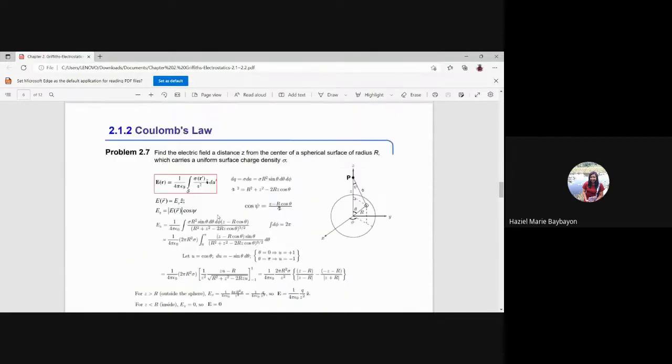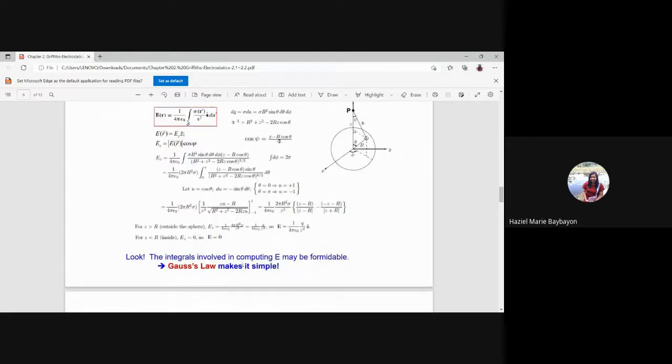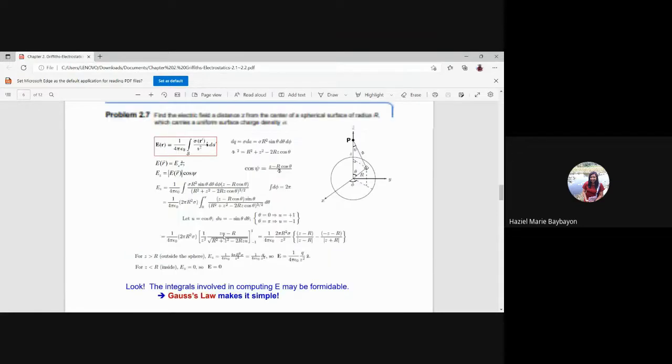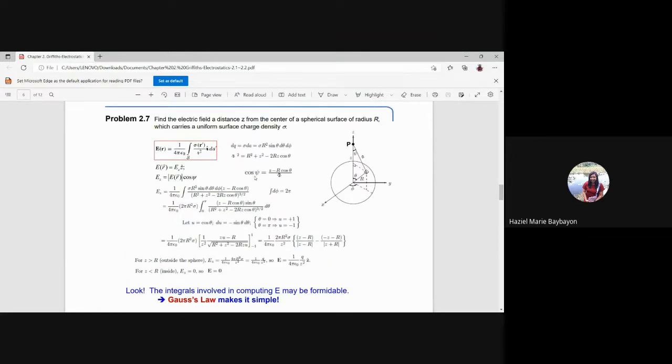But we can simplify this. This is a solution class. This can be simplified using Gauss law. Okay, so this is a very long integration. If you don't know the integral table, you can search on the internet or those integral tables, class.